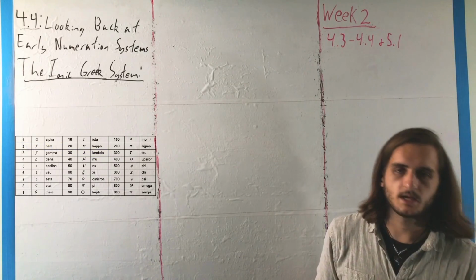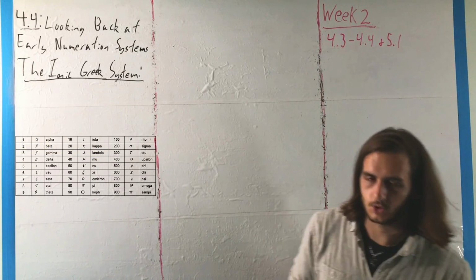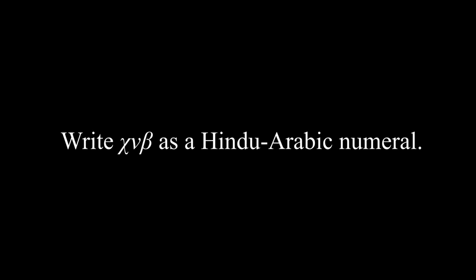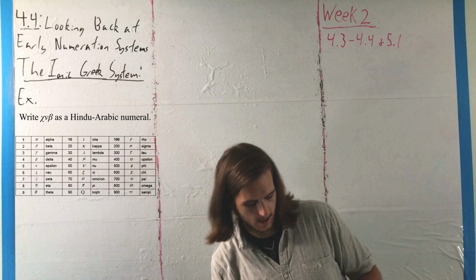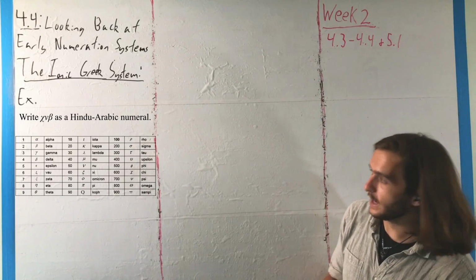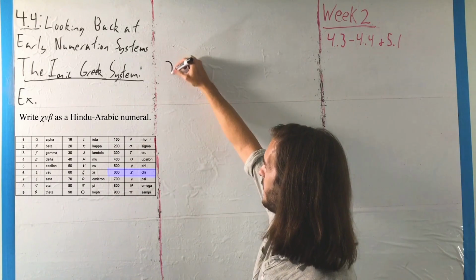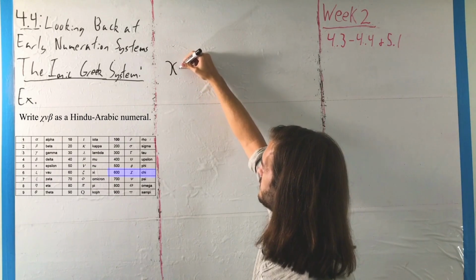But let's get one more example, thinking about how we construct these numbers. So for this, we want to represent the value chi nu beta as a Hindu-Arabic numeral. So we can see that with chi, we have a 600, so well, I'm going to try and draw chi and probably embarrass myself.